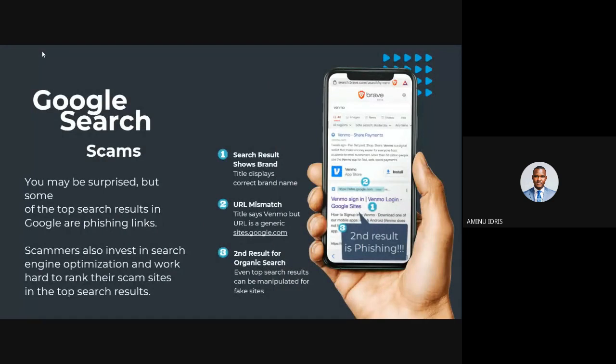Google search scam. Like I said, a lot of hackers and scammers will spend a lot of money on search engine optimization just to target you. What's the motivation? Once they gain access, the reward is going to be huge.